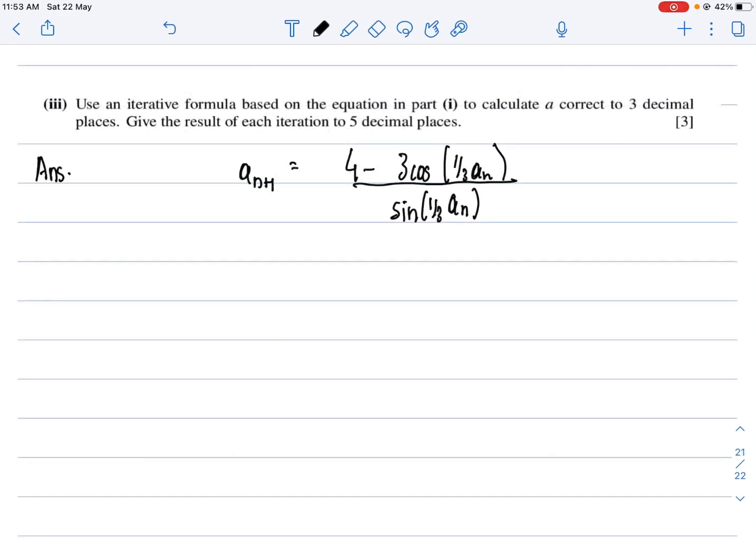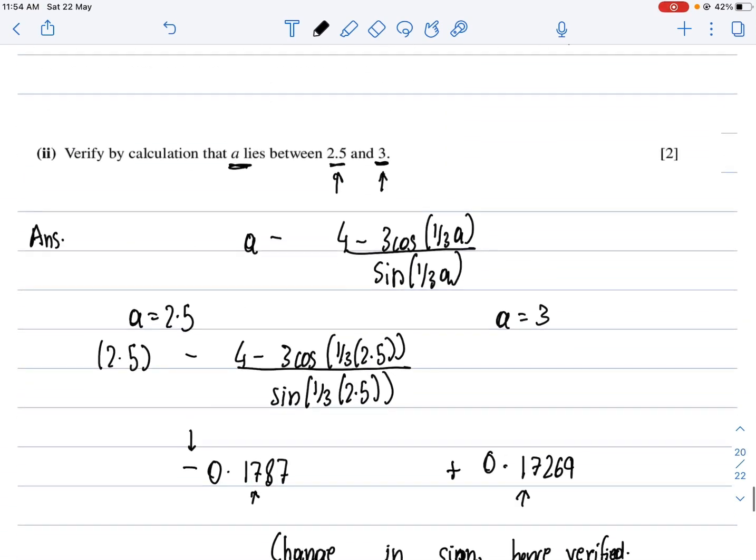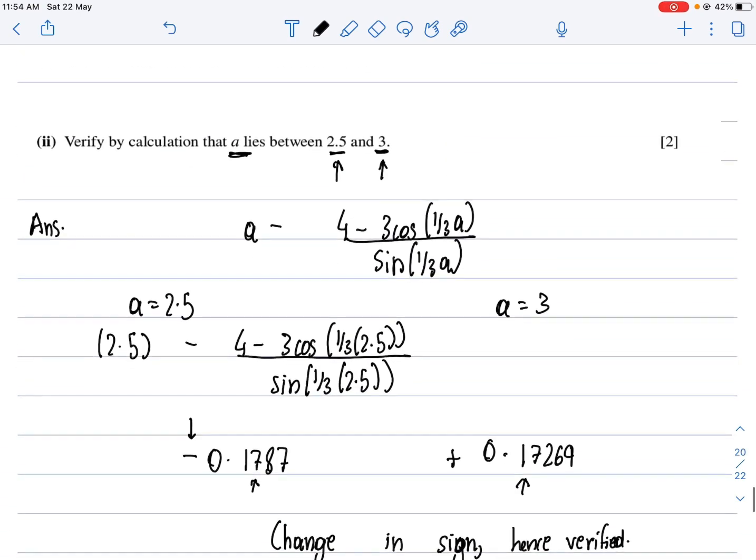This is the third part of the question. This is my iterative formula. Now I can take n first as 0. When I take n as 0, I get a1 equals 4 minus 3 cos 1 over 3 into a0 over sine 1 over 3 into a0. Now I can take a0 as 2, 2.5 or 3, because I know a lies between them.